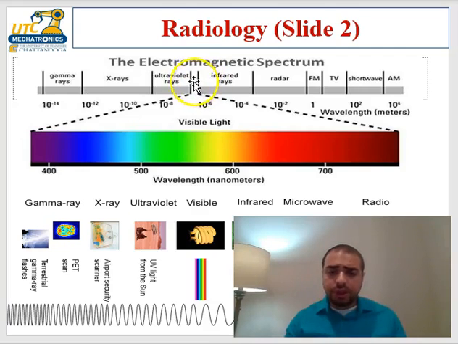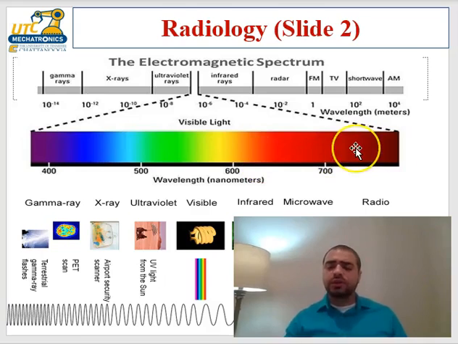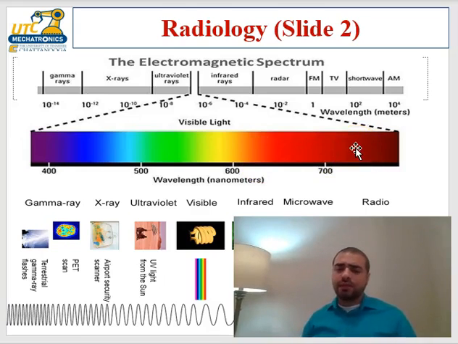It extends from slightly below 400 nanometers to about 800 nanometers. The red color is here, in the 600, 700 nanometers. This is the red light. It has the longest wavelengths of the visible spectrum.